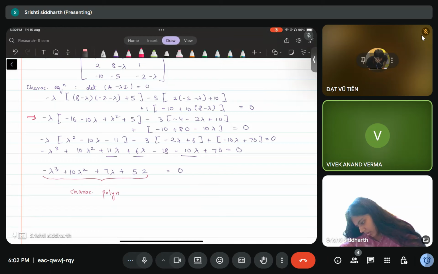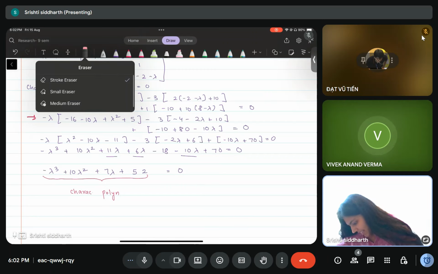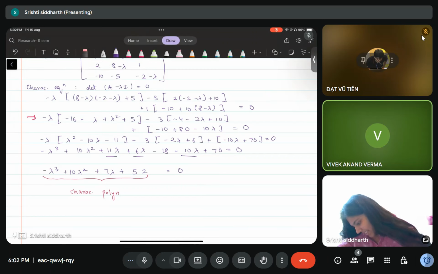No, this is minus 8 lambda. Okay, fine. This is minus 8 plus 6, right?